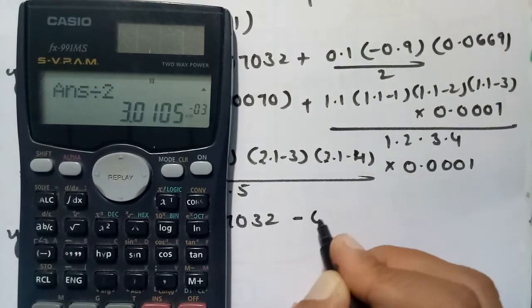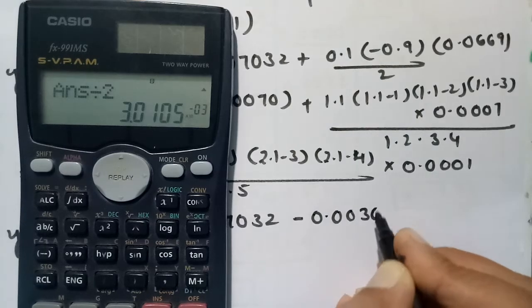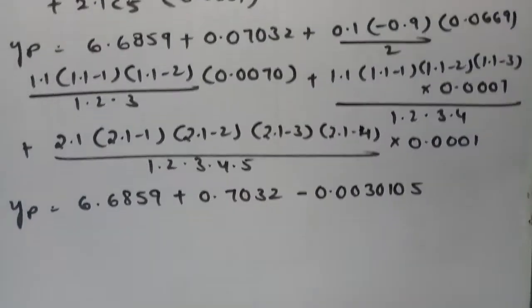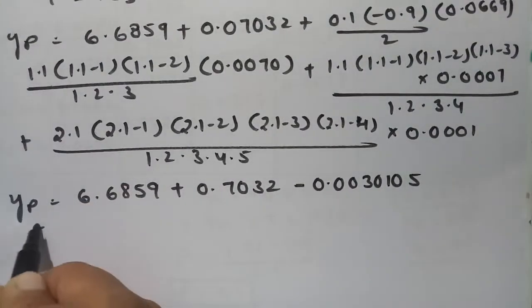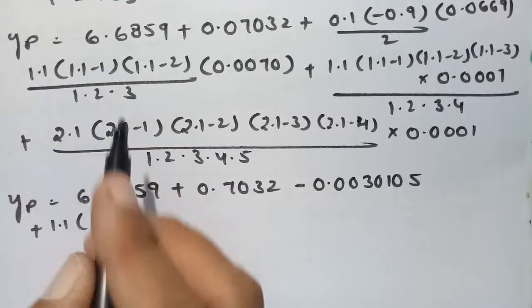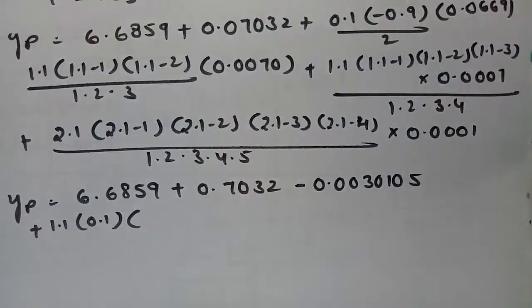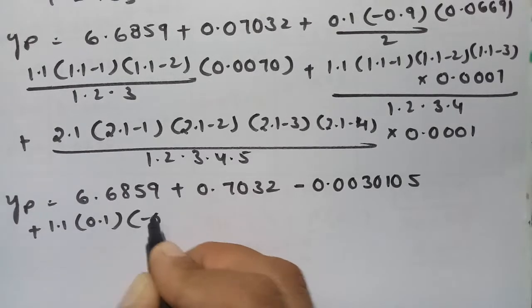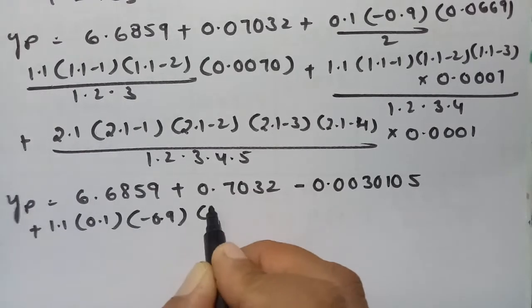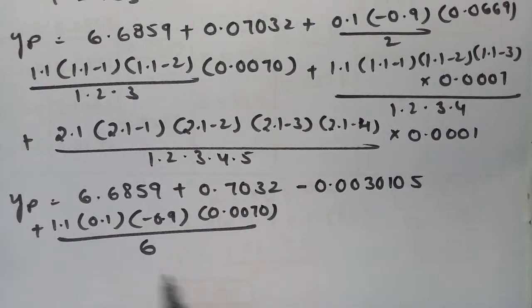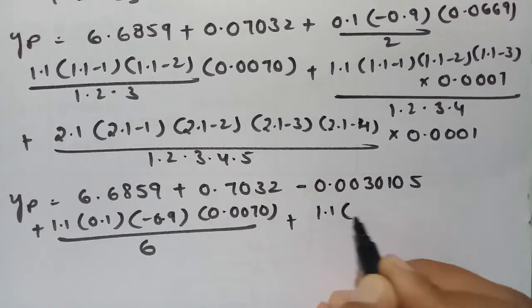The value here is 0.0030105, and the next value I have to calculate here. So this is 1.1, 1.1 minus 1, this is 0.1, so this is 1.1, this is 1.1 minus 2, the value is minus 0.9, this is 0.0070 divided by 6, and this value will be 1.1.